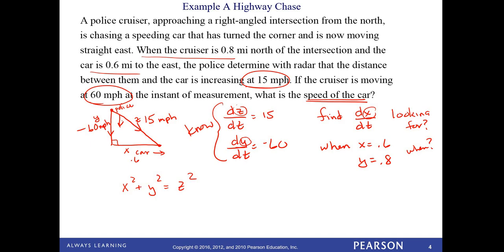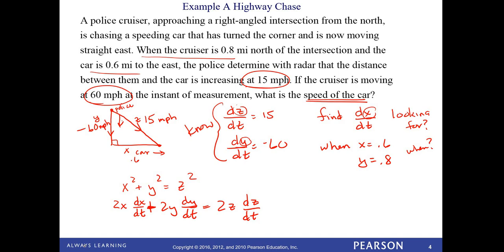All right, it's time to differentiate. I'm going to differentiate the whole equation with respect to t. So this will be 2x dx/dt using implicit differentiation, plus 2y dy/dt equals 2z dz/dt.